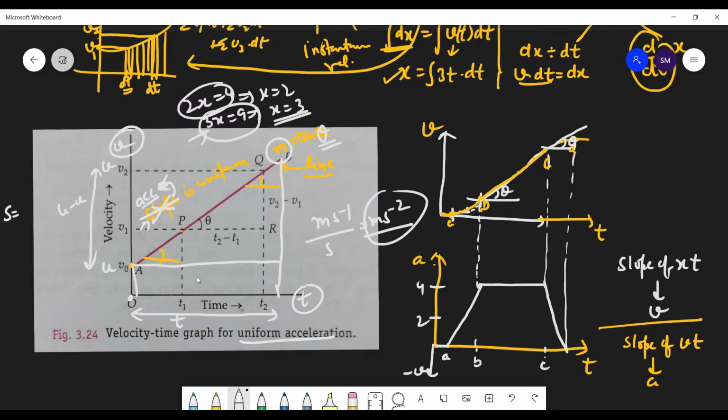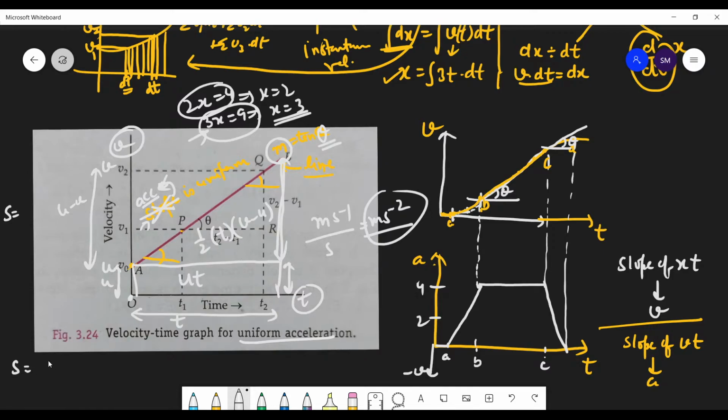And this total is u, so ut is this area. What about this area? This is half into base into height. Base is your t, and the height of this triangle is v minus u.